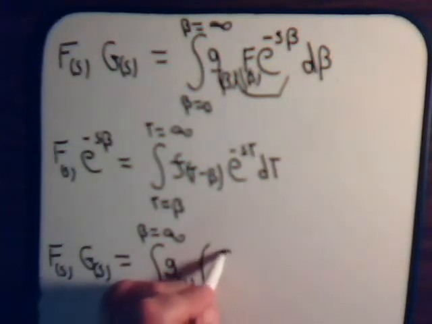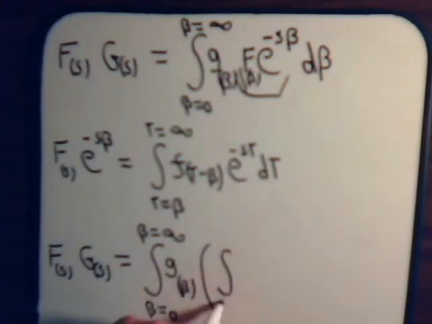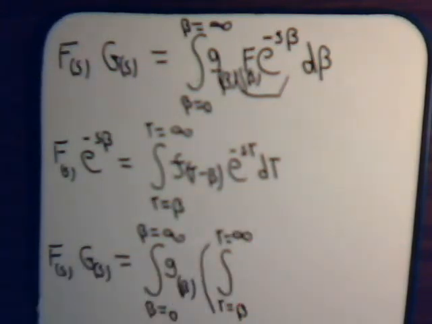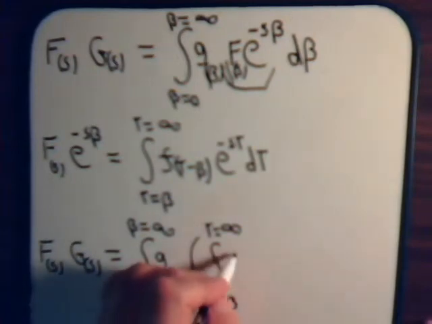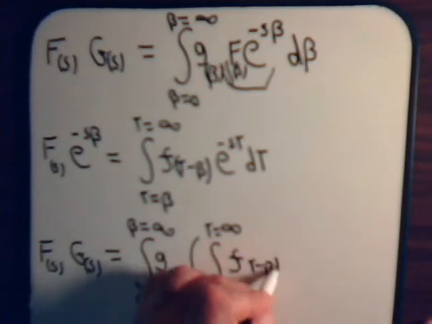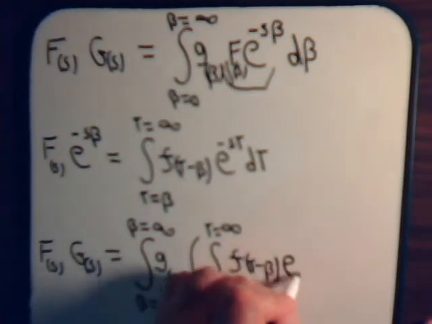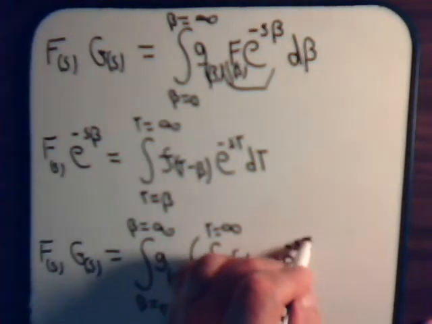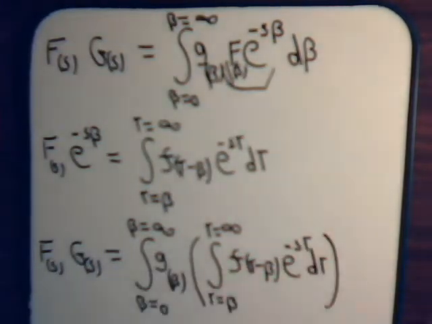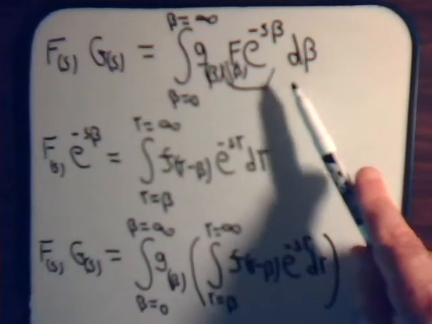So we're going to have the integral t equals beta to t equals infinity f of t minus beta e to the minus st dt. And then we have d beta.